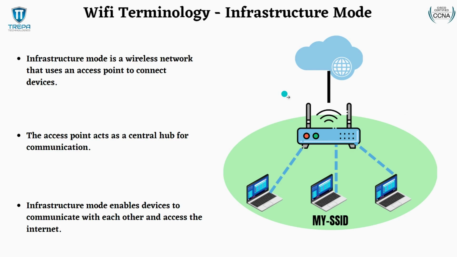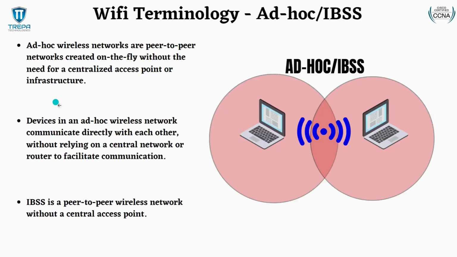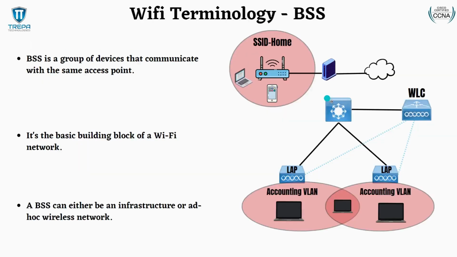Okay, and then infrastructure mode. So this is just another Wi-Fi terminology that describes any wireless network that uses an access point to connect devices. So when we go over these ad hoc and IBSS networks, we're simply just talking about the Wi-Fi oval here, the Wi-Fi signal range. That's all we're talking about.